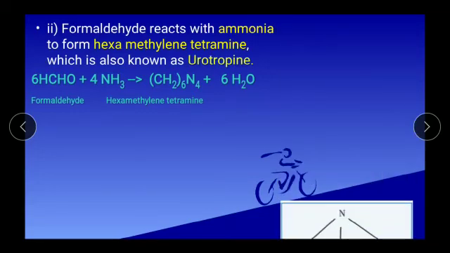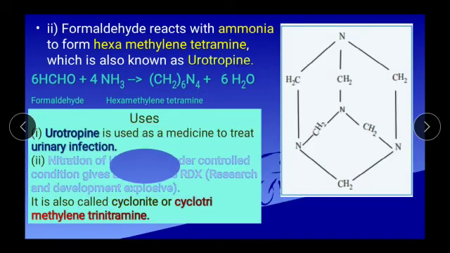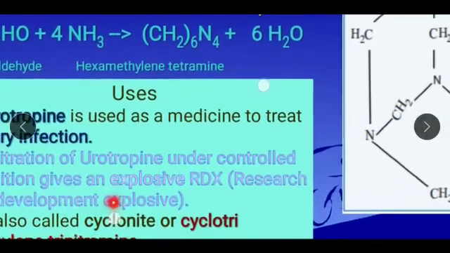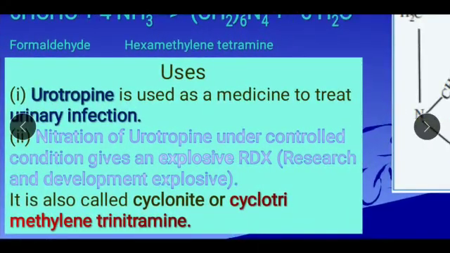Next, we move to the uses of urotropine. Urotropine is used as a medicine to treat urinary infection, and nitration of urotropine under controlled conditions gives an explosive, that is RDX, research and development explosive.